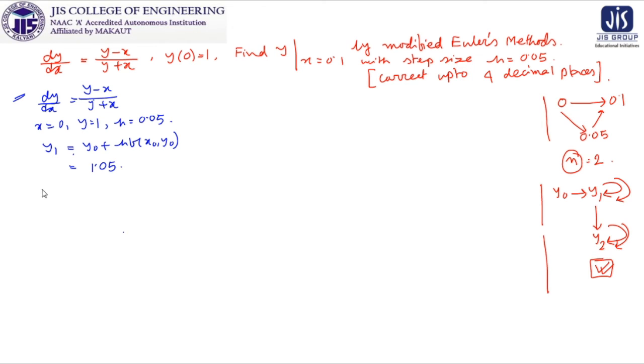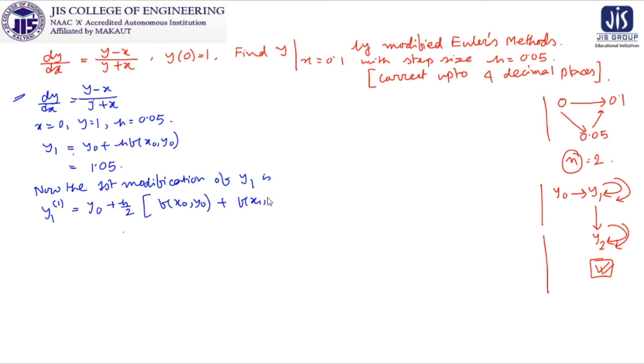Now the new thing over here, the first modification of y1, y1 1, is equal to y0 plus h by 2 f of x0 y0 plus f of x1 y1.